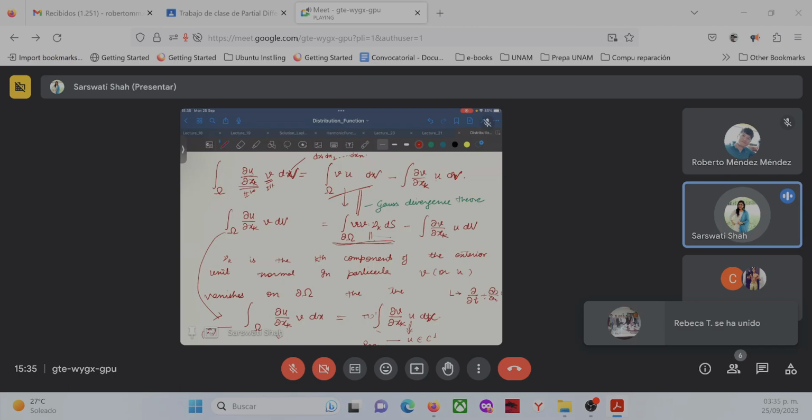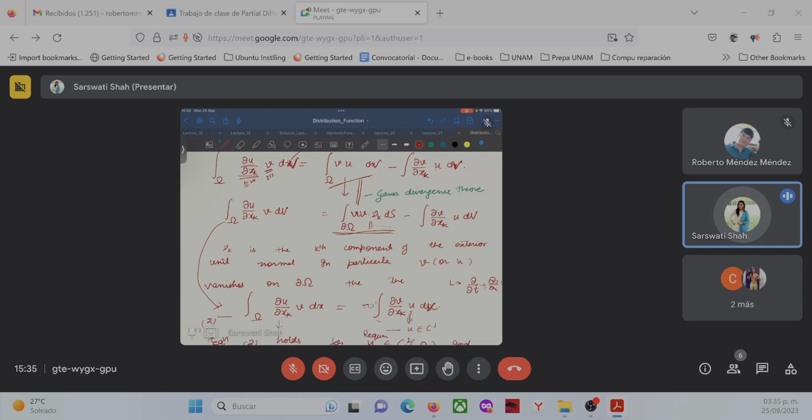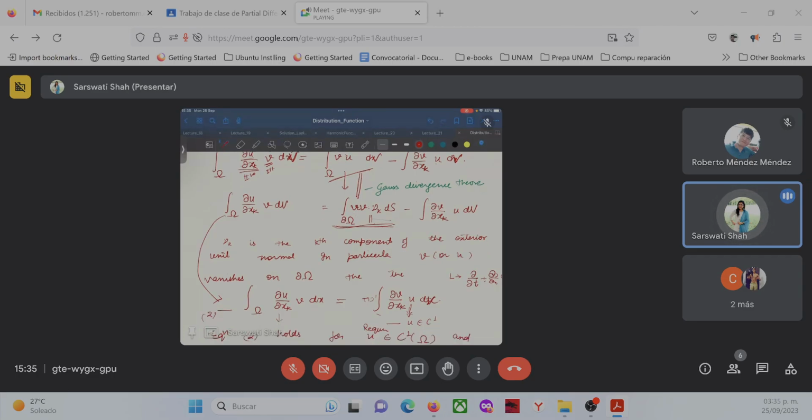This derivative is passing to the second function with the negative sign, under the condition that both of the functions vanish on the boundary.